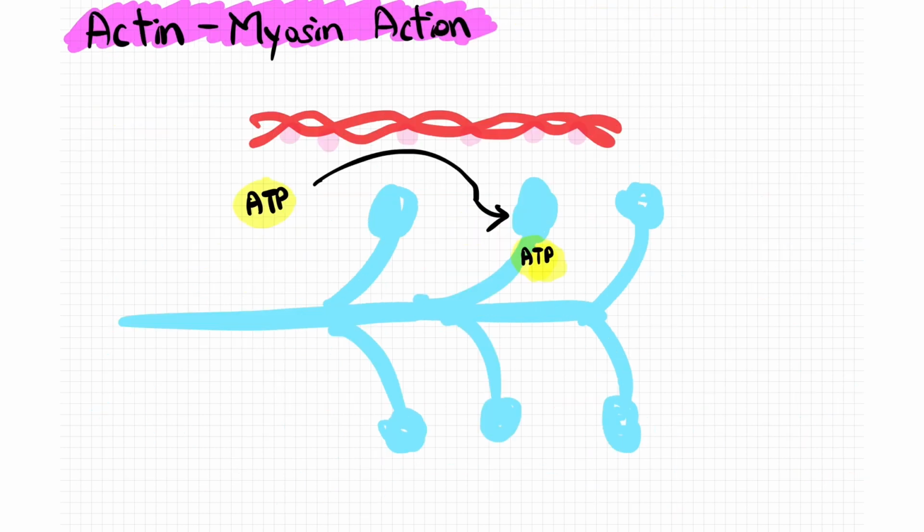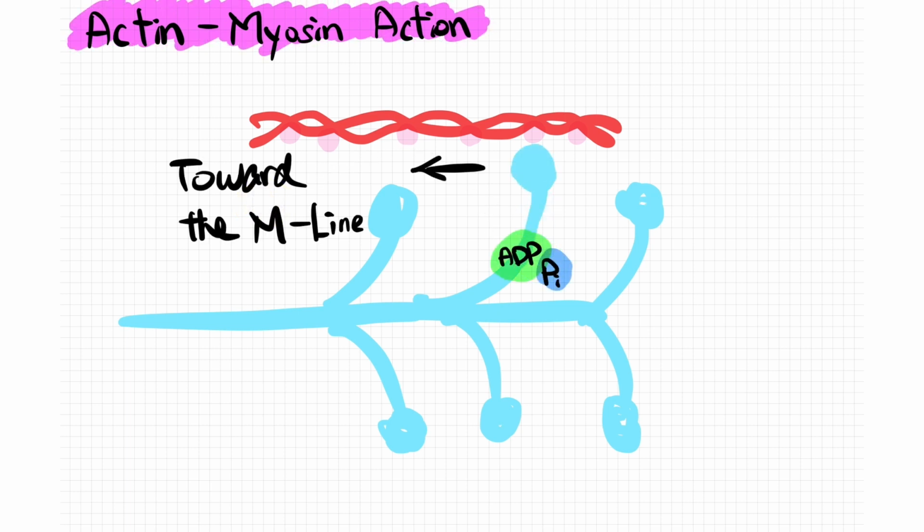Now let's look at the actin-myosin action at the protein level. Muscle contraction requires energy in the form of ATP, and ATP is associated with the myosin before contraction. ATP is just like money.